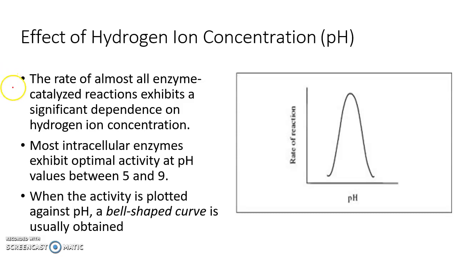Here all enzyme catalyzed reactions exhibit a significant dependence on hydrogen ion concentration, especially between 5 and 9 only. Most of the enzymes will catalyze reactions between 5 and 9 only. That is the optimal pH for enzyme activity.